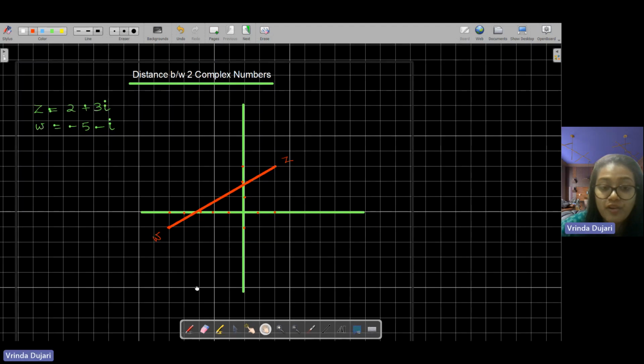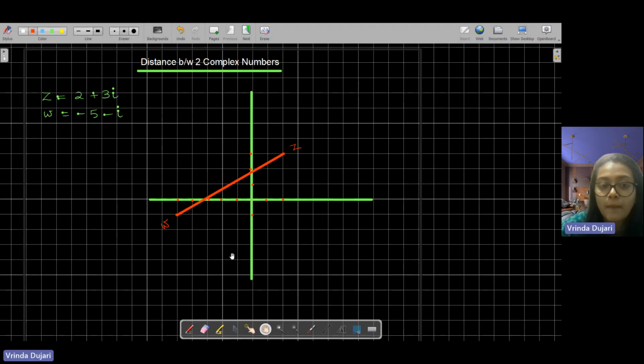I don't know if you have heard of the distance formula, but if you've heard of it, then it's well and good. In geometry, we have done the distance formula, which is nothing but the application of the Pythagorean theorem. So I'm going to apply the Pythagorean theorem here. We will complete this triangle.